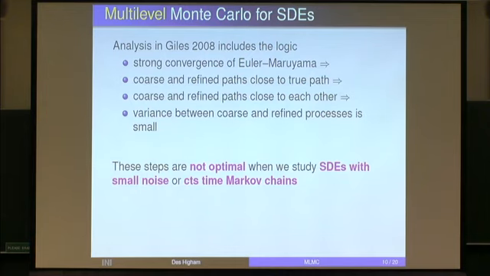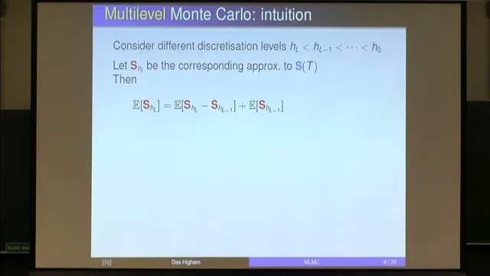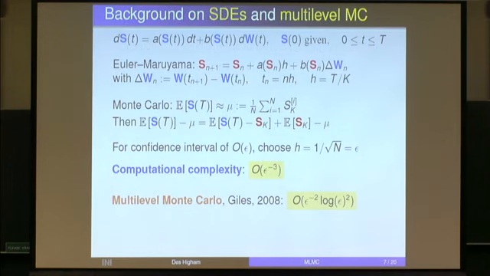So before, if I go back, if you're just computing with standard Monte Carlo, you just need to know about the weak convergence, whether you're getting the correct expected value with your method. The way that Mike Giles analyzed the multi-level version, you had to also exploit strong convergence. You had to know that numerical solution paths were close to exact SDE paths.